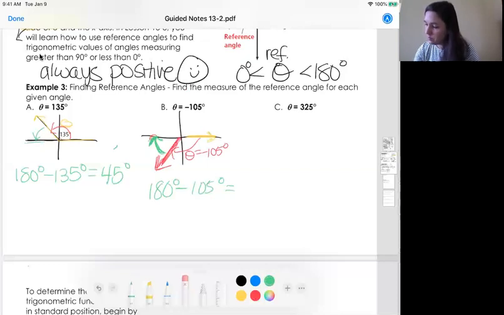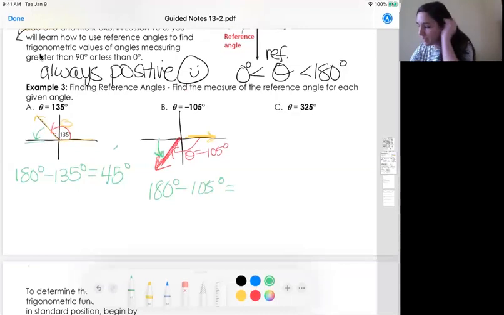I'm going to make sure our angles are showing that it's a positive. So I'm just changing this to be like this, so it's in a positive direction. So you guys know, remember, these reference angles are always positive. So 180 minus 105 gives us 75 degrees as our reference angle.